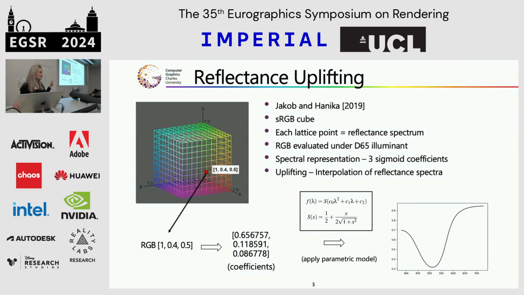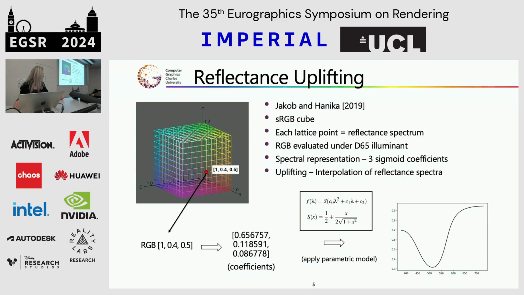And every one of these lattice points contains a mapping from its coordinate or its RGB value to a set of free floating point coefficients that are then able to reconstruct a reflectance curve with the help of a low-dimensional parametric model.